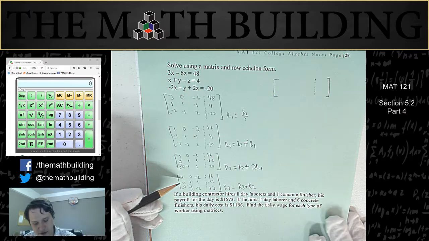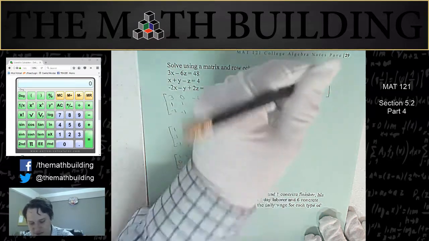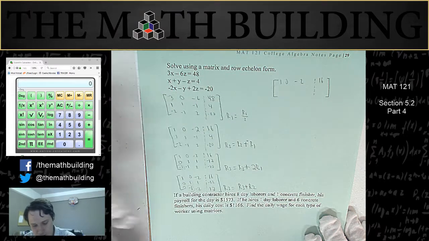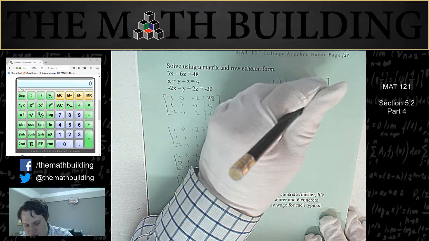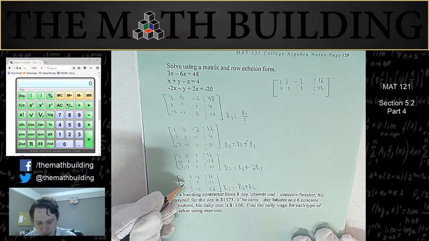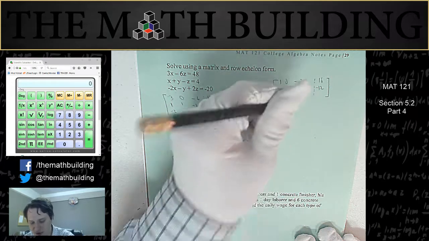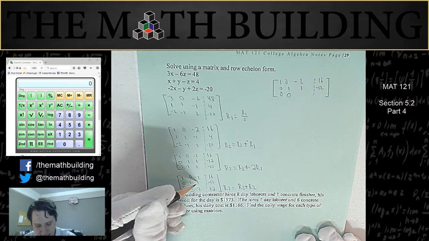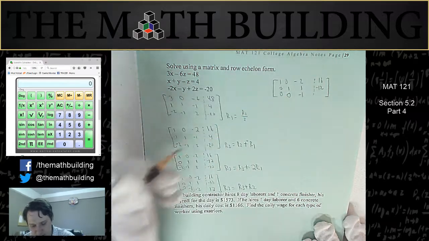Okay, so row 1 stays the same. 0, 1, negative 2, 16. Row 2 stays the same again. 0, 1, 1, negative 12. So what's row 3 going to be? 0 plus 0 is 0. 1 plus negative 1 is 0. And 1 plus negative 2 is negative 1.